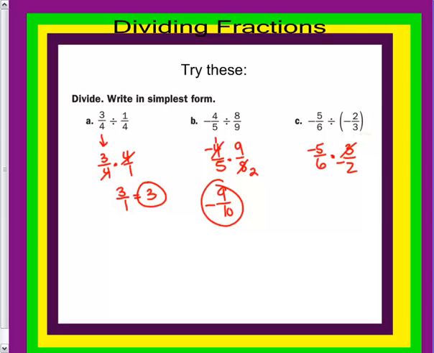So I've got a 6 and a 3, I can simplify that. A negative 5 over 4, but a negative times a negative is a positive. So we've got positive 5/4, and we simplify that to 1 1/4.